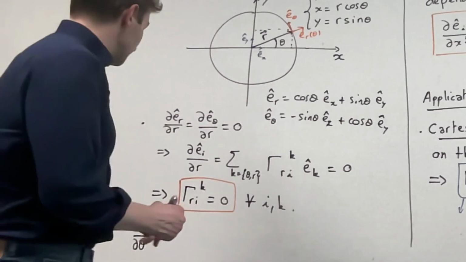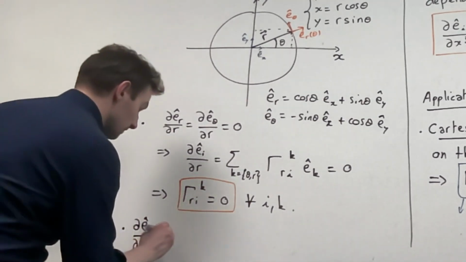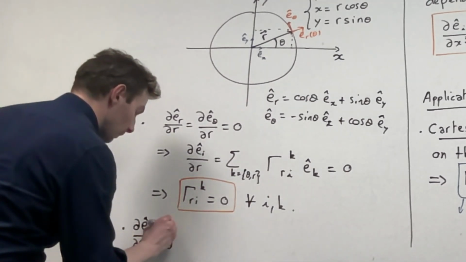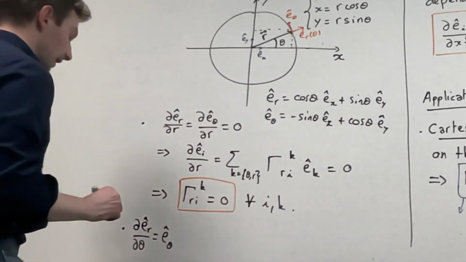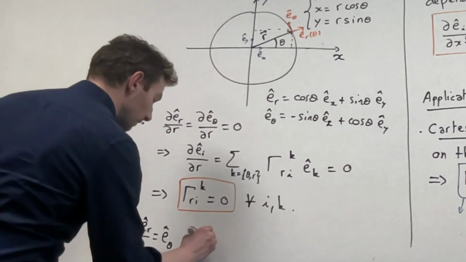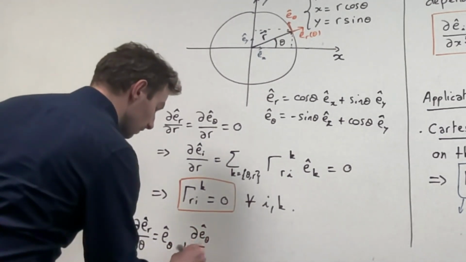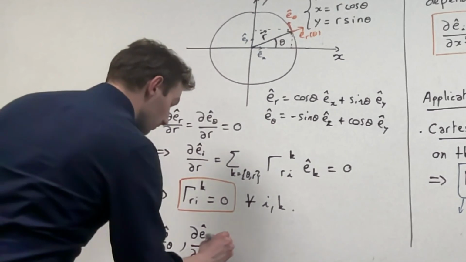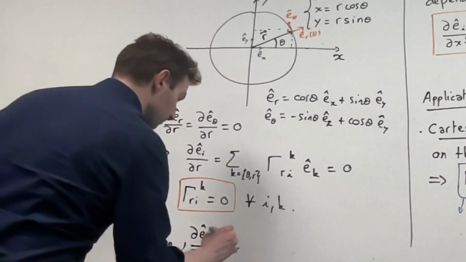So it turns out that d of ER d theta is equal to E theta. And as it turns out as well, if you do the calculation, d of e theta d theta is equal to minus er.